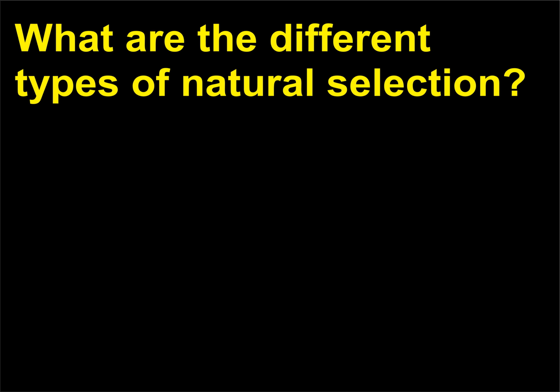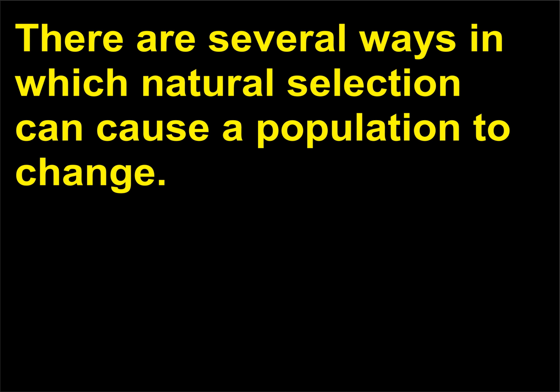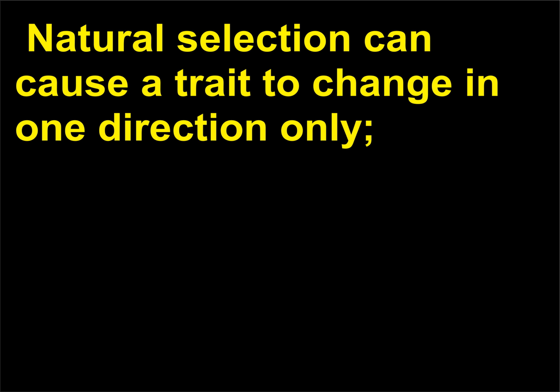What are the different types of natural selection? There are several ways in which natural selection can cause a population to change. Natural selection can cause a trait to change in one direction only.